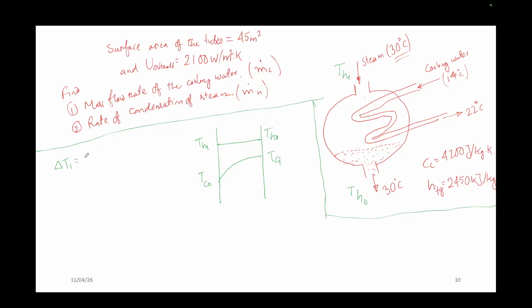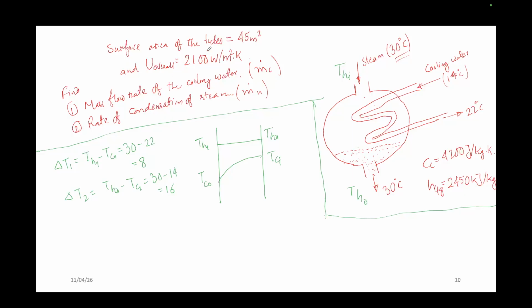First tell in terms of T. TCO, that is 30 minus 22. So that is your 8. And what is del T2? 30 minus.